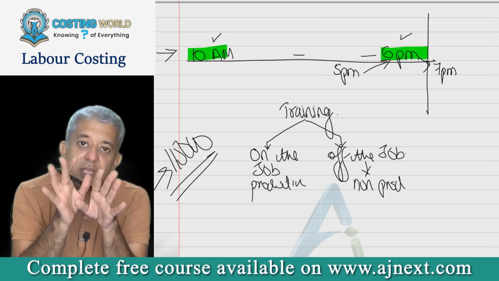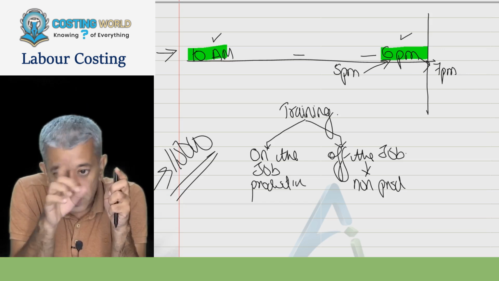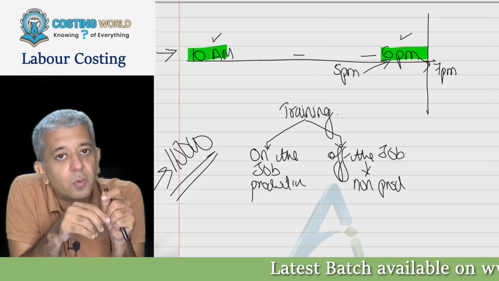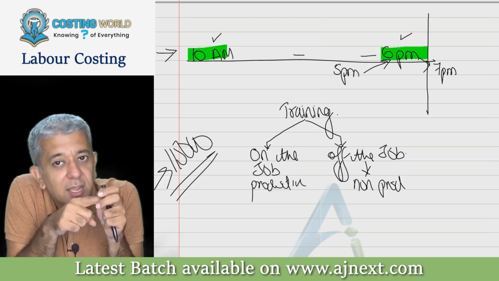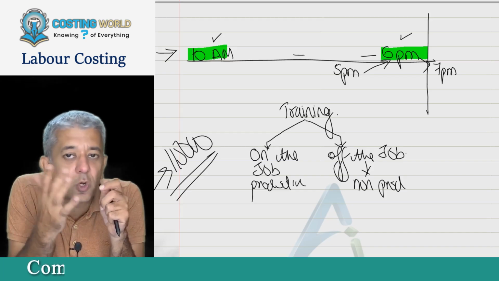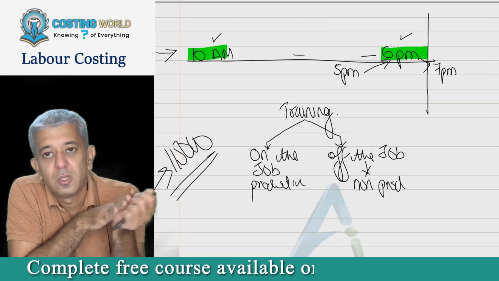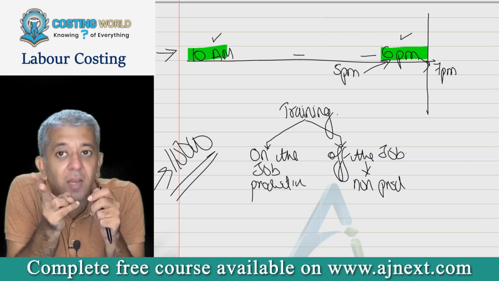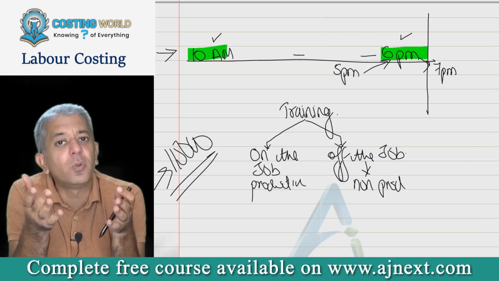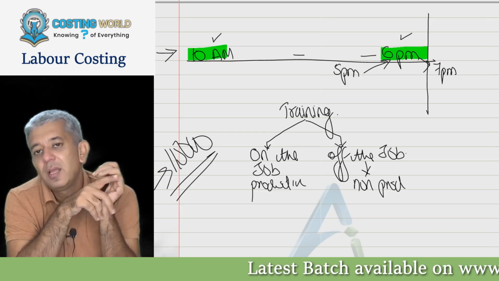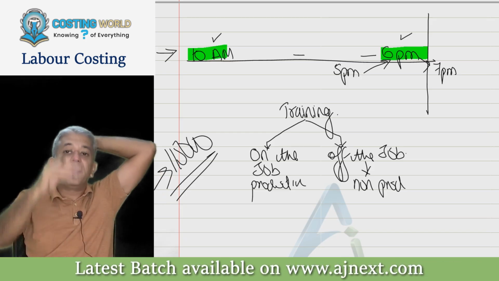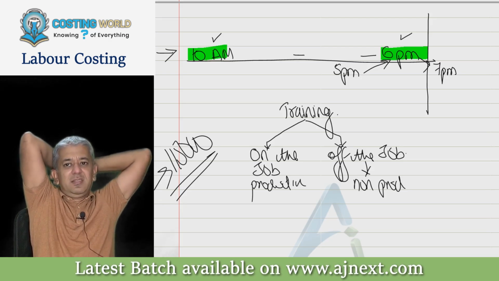Yes, sir. If this is the situation, then the answer will be 1 lakh only. Why? Because if the older workers were there, would they have left in any case at 6 o'clock only? Yes. So that 1 hour we would never have got for production, no?